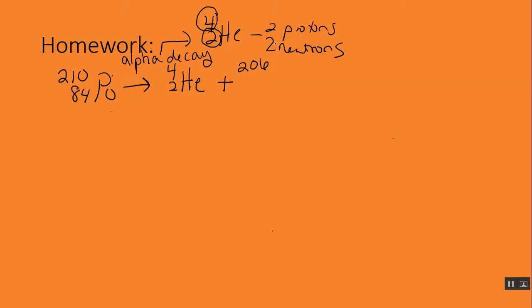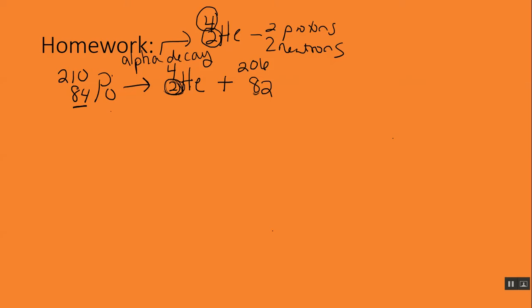We lost 2 protons, we lost 2 neutrons, so no longer do we have a mass of 210, we gave off 4 of it, so now we've got a mass of 206. Same idea with the protons: the atomic number, remember we started with 84, but it lost 2 of those, which means we've now gone down to an atomic number of 82.